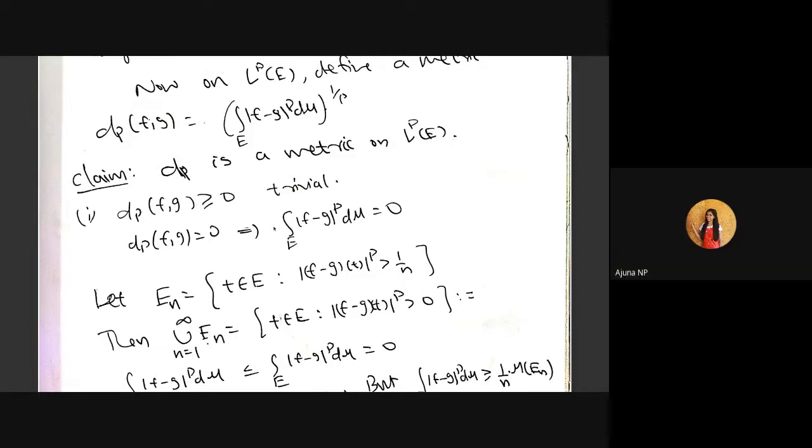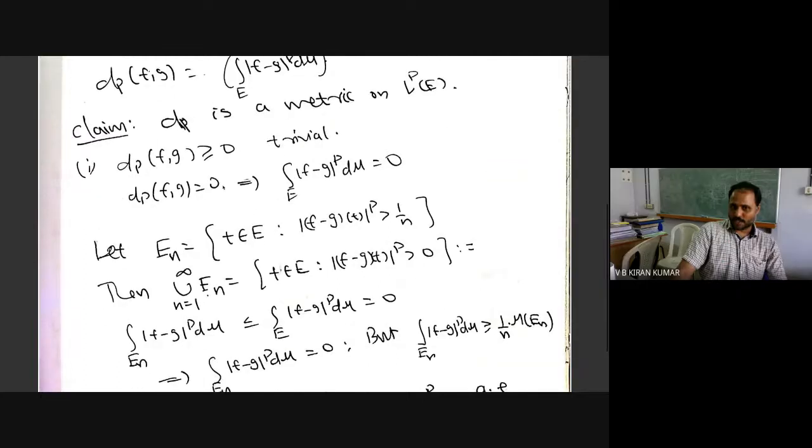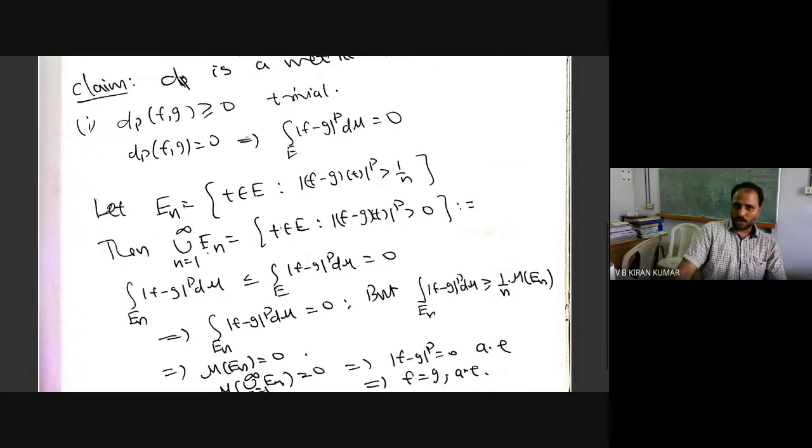So you assume that d_p(f,g) equals 0. That means this is 0. Now you construct a set E_n, where n is a natural number. Take all t belonging to E with the property that |f minus g at t|^p is greater than 1 by n. That is E_n. And you take the union of E_n. The union of E_n means |f minus g|^p greater than 0.